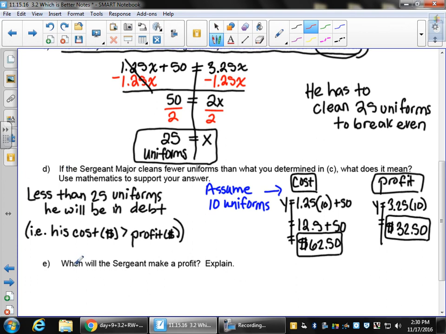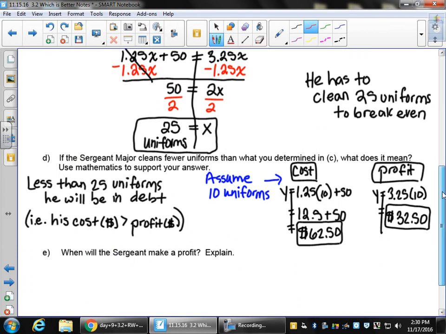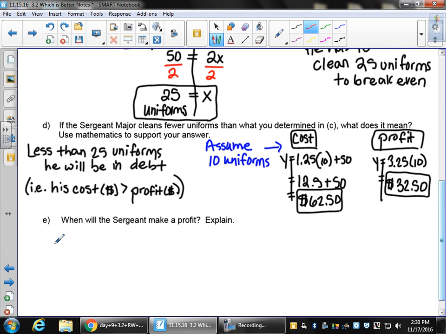E asks us, when will the sergeant make a profit? Again, to know that, you first have to know when does he break even. So he breaks even at 25 uniforms.